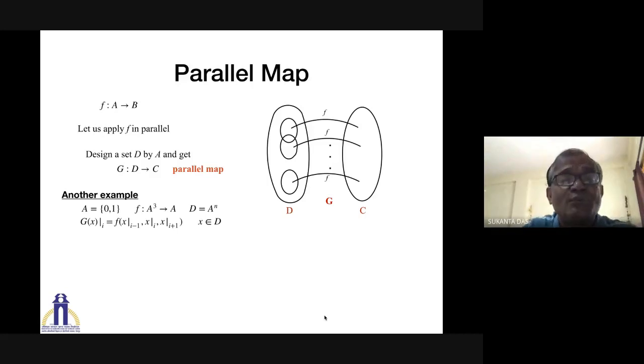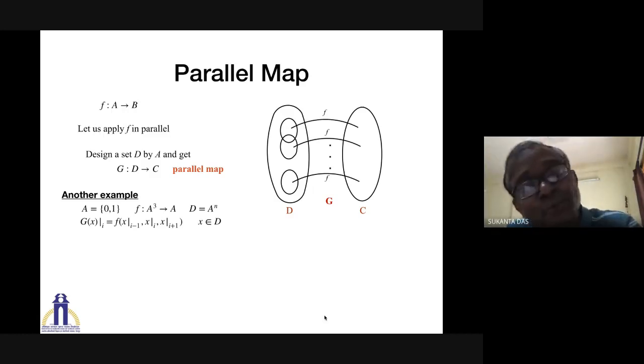You can consider D stored in an array, and x is a bit sequence of the array. I'm finding G of x, meaning I am applying this f on every position of the array. So at the ith position, f takes x_i, and the other arguments, x_{i-1} and x_{i+1}. In this way, I am defining it.